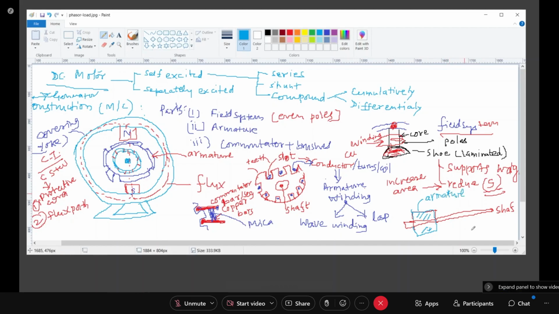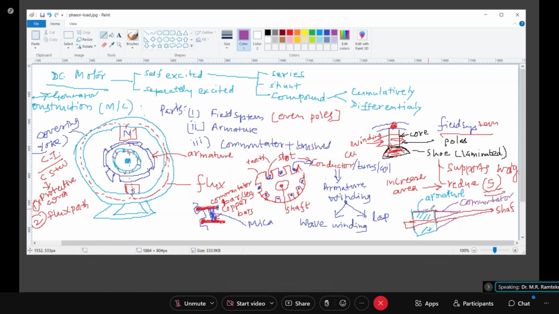And each segment of the armature, you will have slant type structure. So this is armature, and these copper bars, we call it a commutator segment. So it will be appearing like this.